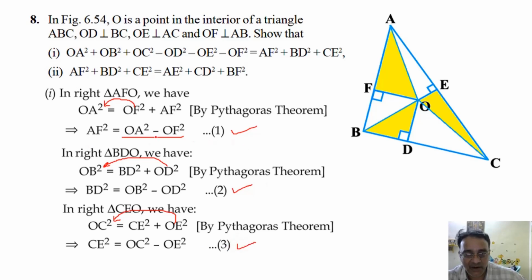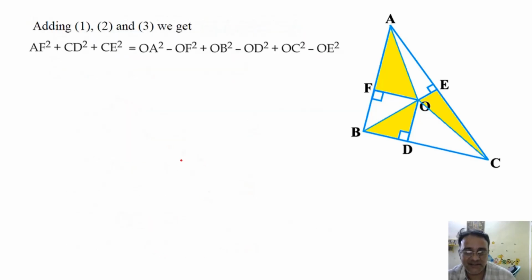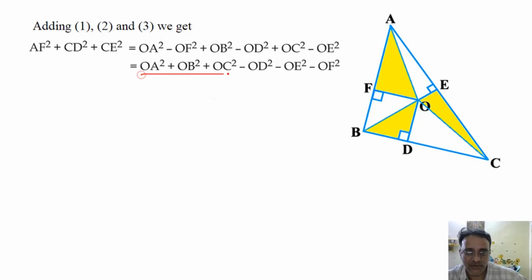Now we'll add all these three equations, and we'll get this result. Now write all the plus terms on one side and all the minus terms on the other side. So this is the proof of the first bit. Any doubt? No, sir.